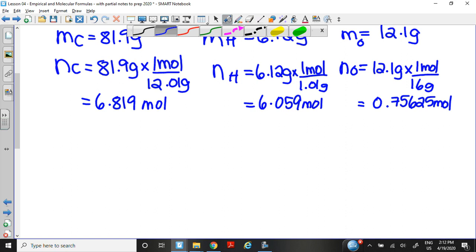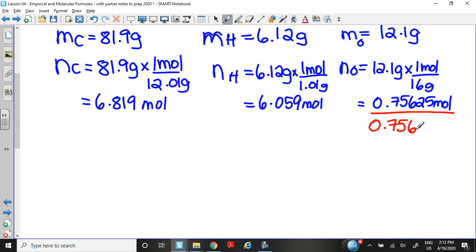So our trick that we're going to do here is we're going to divide by the smallest number of moles. So out of these three, oxygen is the smallest. So I'm going to divide it by itself. And why we choose the smallest one is this will always turn it into a whole number first, 1. Then I'm going to divide the other numbers by the same value, 0.75625 moles.